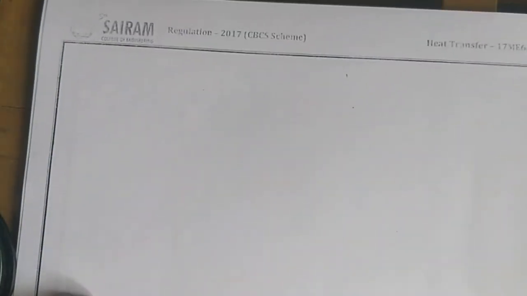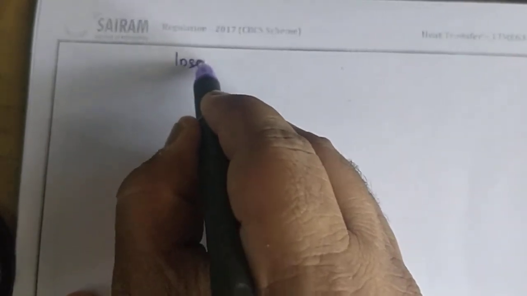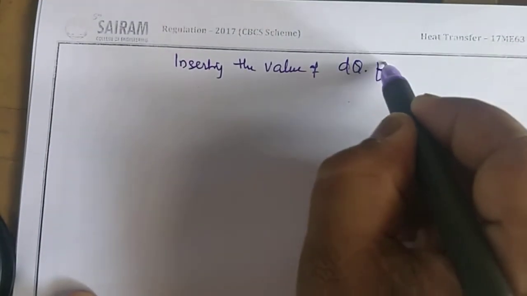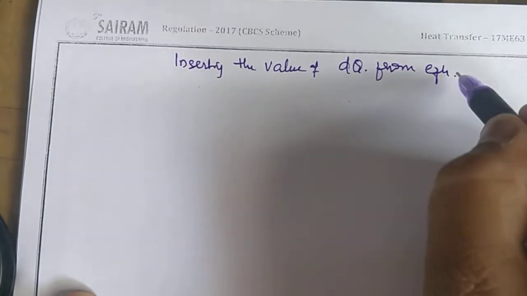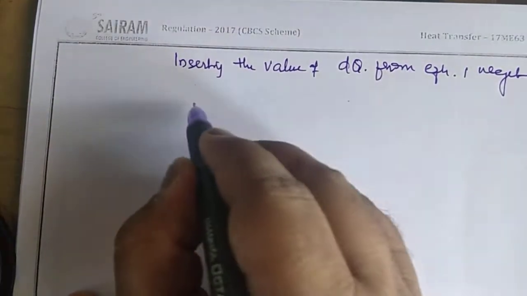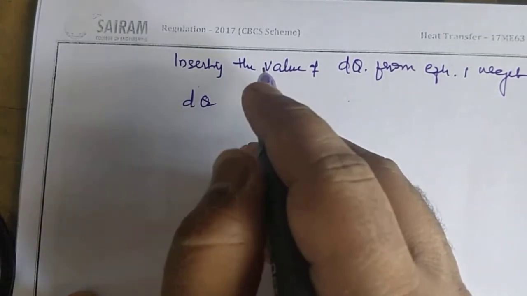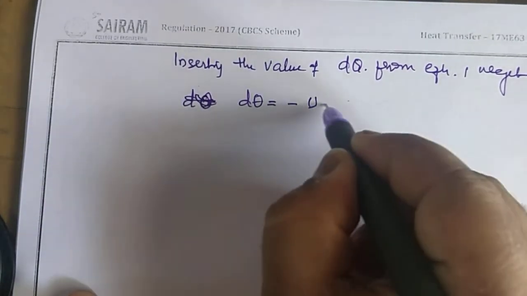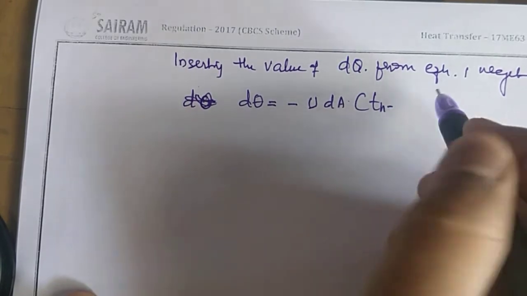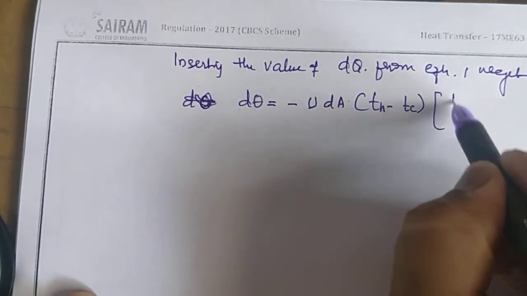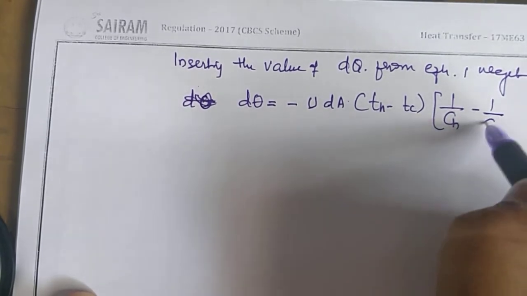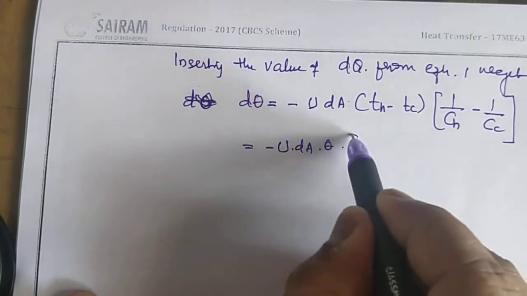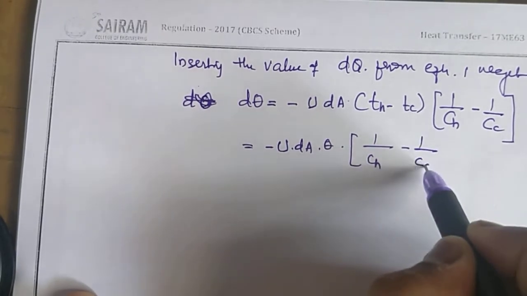Now inserting the value of dq from the above equation, we get d theta is equal to minus U dA (TH minus TC)(1 by CH minus 1 by CC), which is equal to minus U dA theta (1 by CH minus 1 by CC).